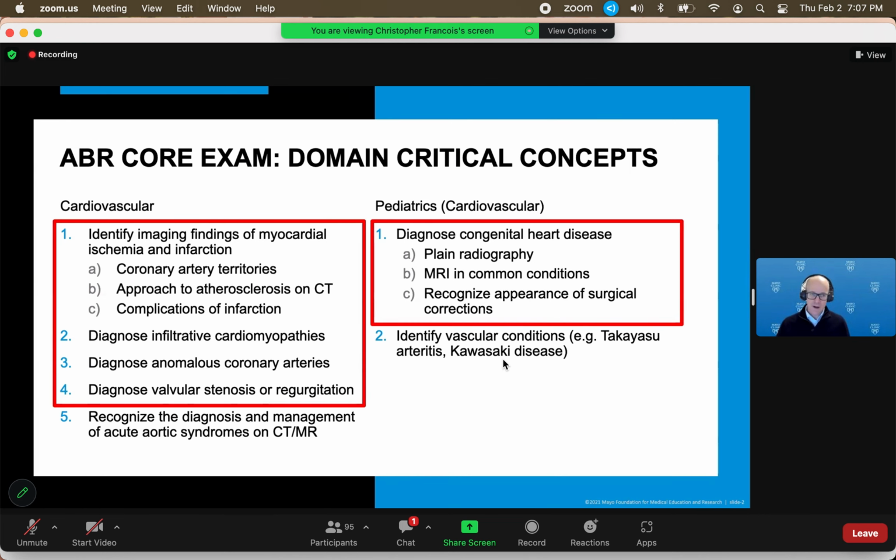And for the next hour and a half, I'm going to focus on these specific topics. Hopefully, there will be other faculty that will go over the acute aortic syndromes as well as vasculopathies in the pediatric population.